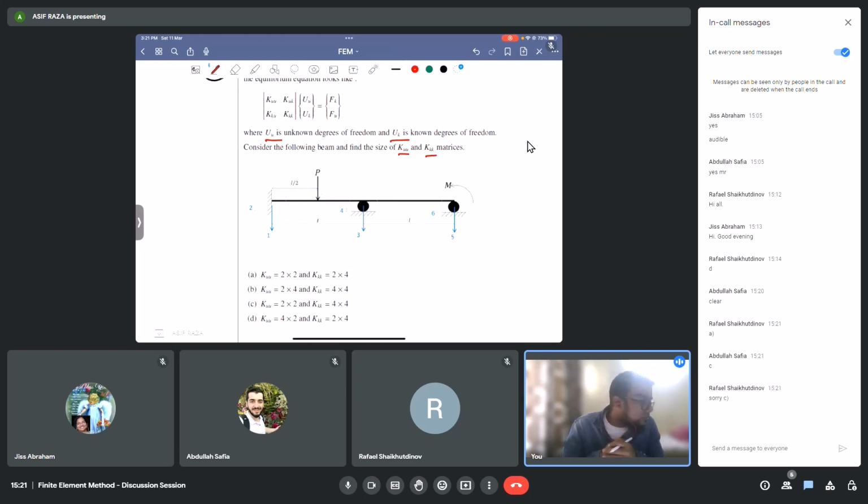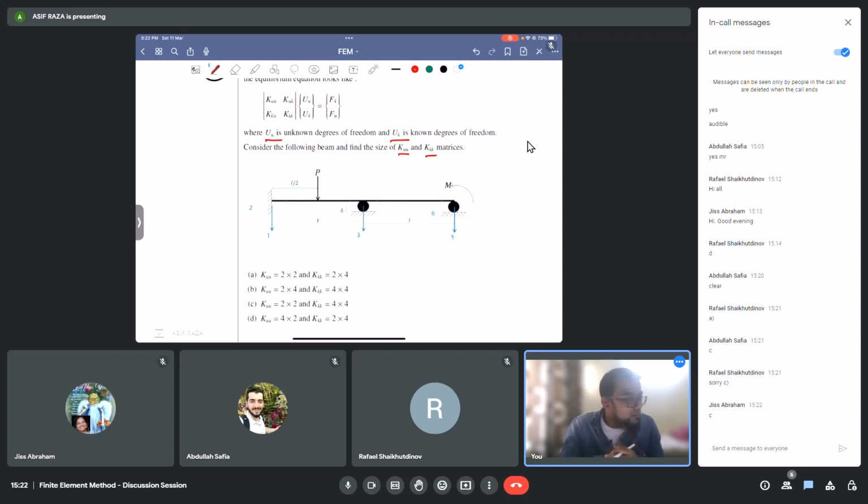Abdullah has said option C. Rafael again corrected himself and said option C. Abraham? Option C. Yeah, the correct option is option C only.